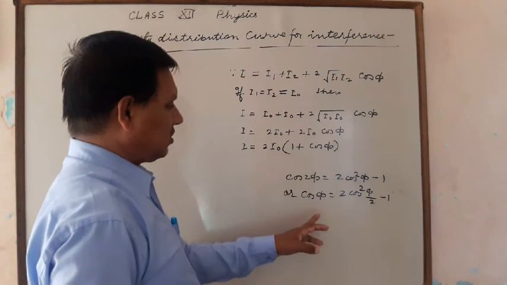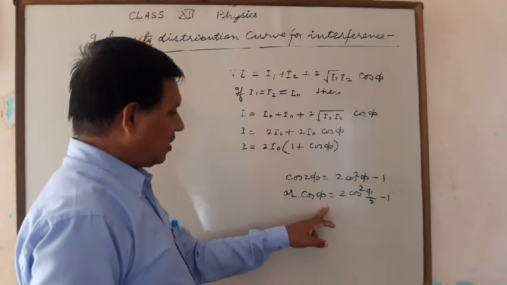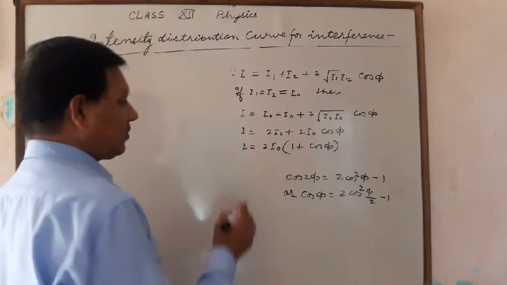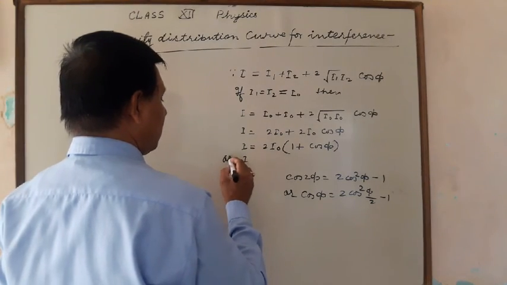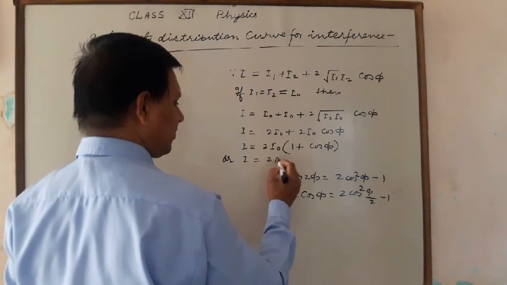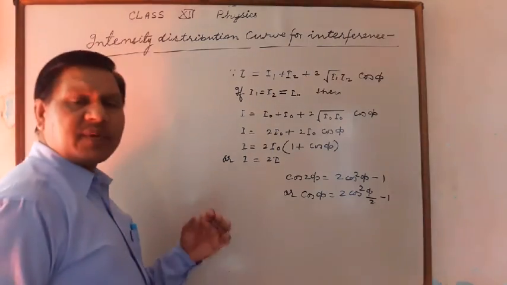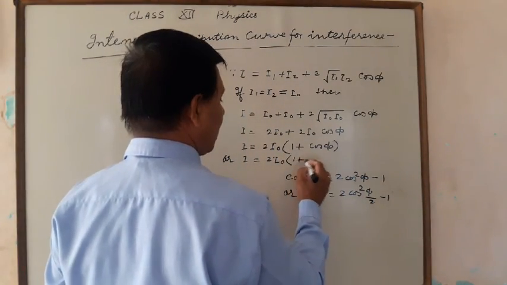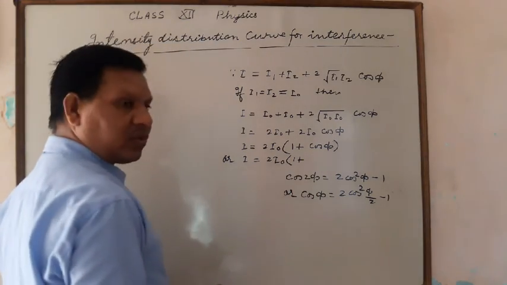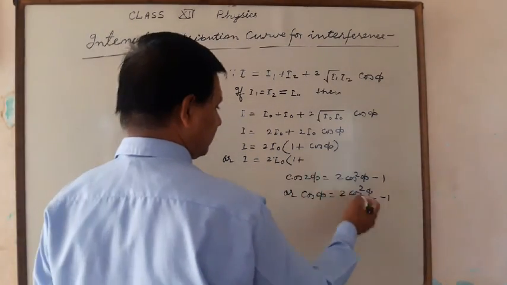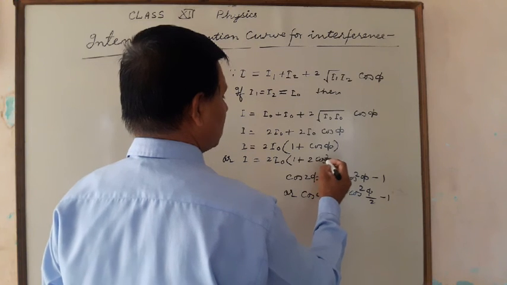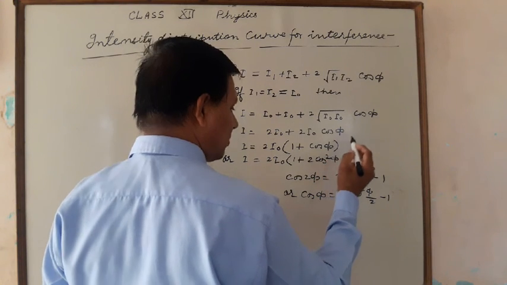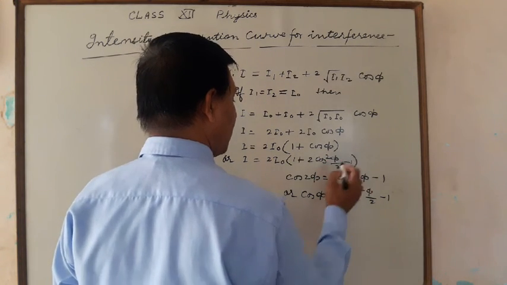When we put this relation in place of cos phi, then we find that the intensity of resultant wave I is equal to 2 I naught into 1 plus 2 cos square phi by 2 minus 1.